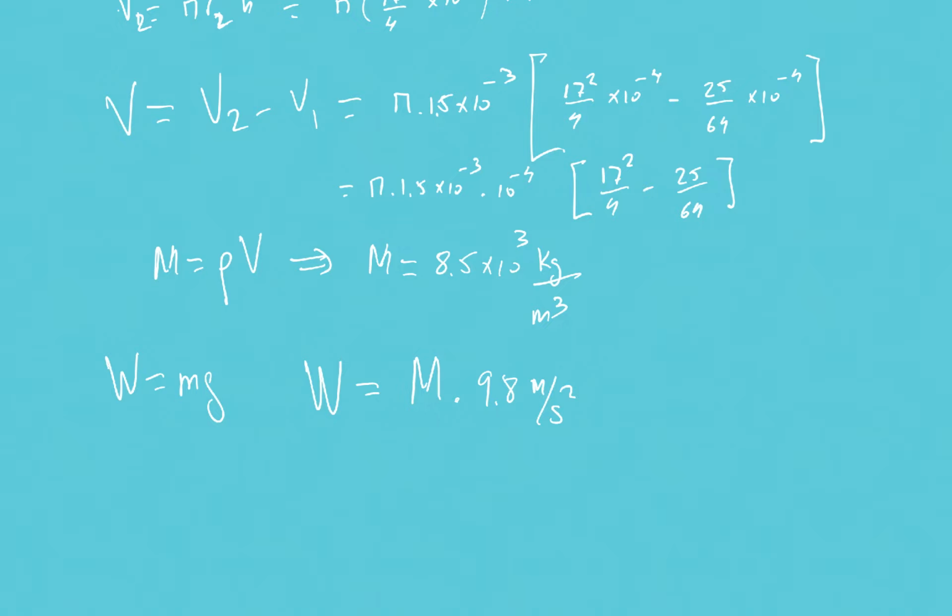You use your calculator to get the volume, and now the mass is the density by the volume, because the density is the mass divided by the volume. We know the density, and the volume we already know, so we now know the mass. I don't remember if I did it correctly or not. No, this is wrong. I don't remember what I did.